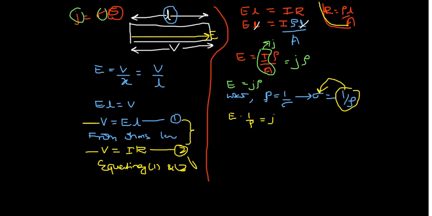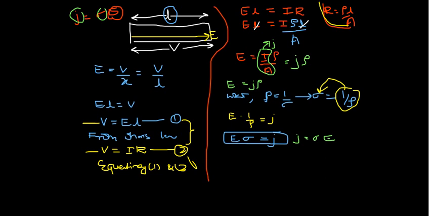Therefore, E into sigma is equal to J, that is J is equal to sigma E. That is the required equation. Clear? This is called the microscopic form of Ohm's law, and if they ask this in the exam, it will be for 3 marks.